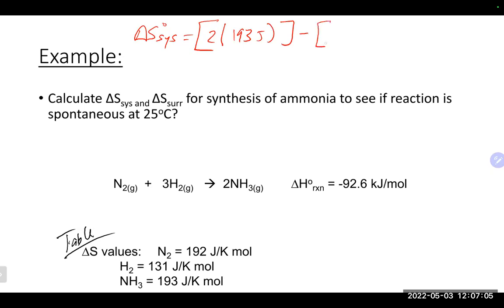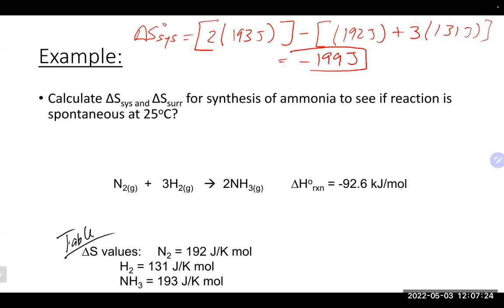On our reactant side, we've got 1 times the value of N2, which is 192, plus our other reactant, which is H2, and there's 3 of them. So we want to take 3 times 131 there. And looks like a minus 199 joules here would be our delta S of the system.